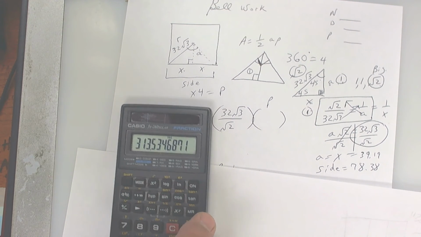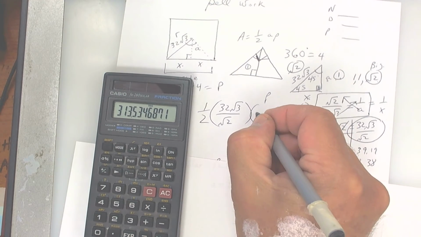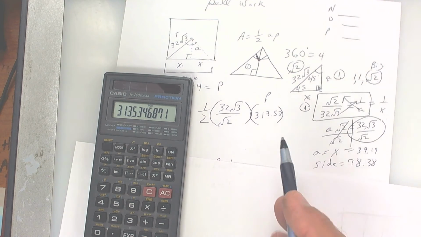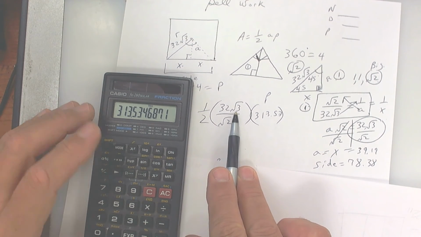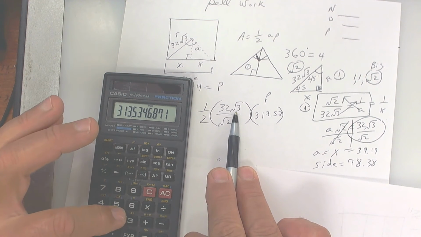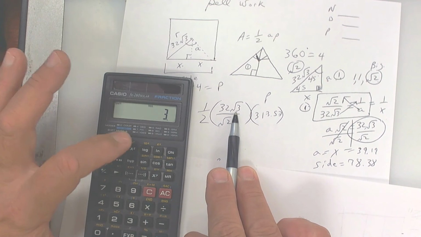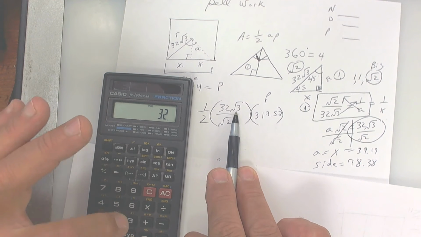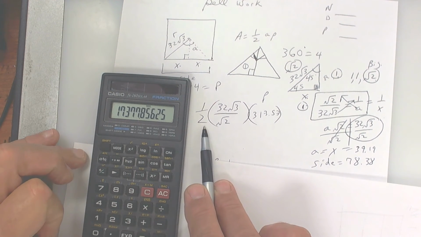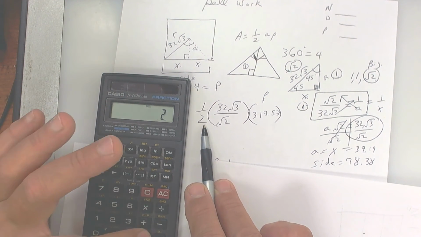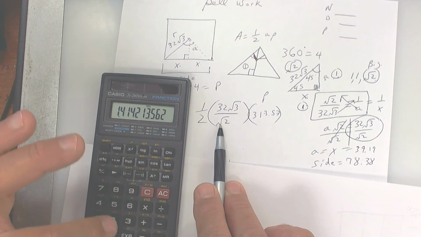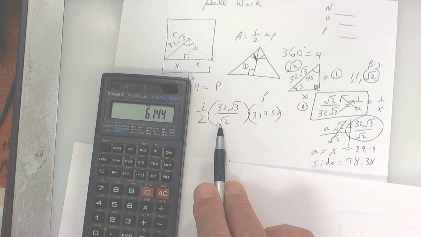So there's my perimeter. I'm going to leave this on my calculator, but I'll write it down just so you can see it. So now I'm going to multiply this times the square root of 3. So times 3, shift square root, press equals, times 32, press equals, divided by 2, press equals, divided by 2 shift square root, press equals, and at this particular point I get the area.